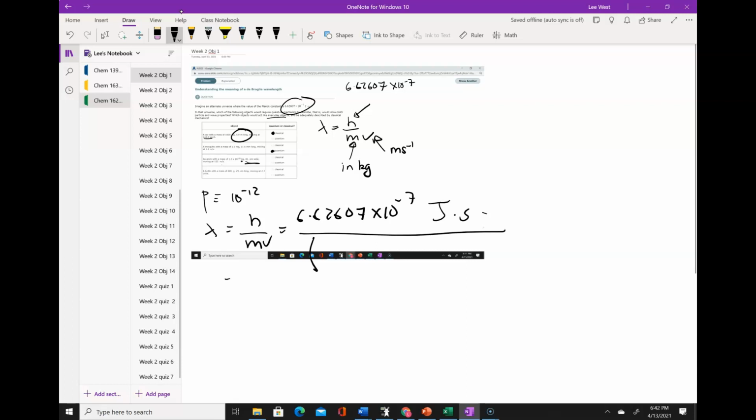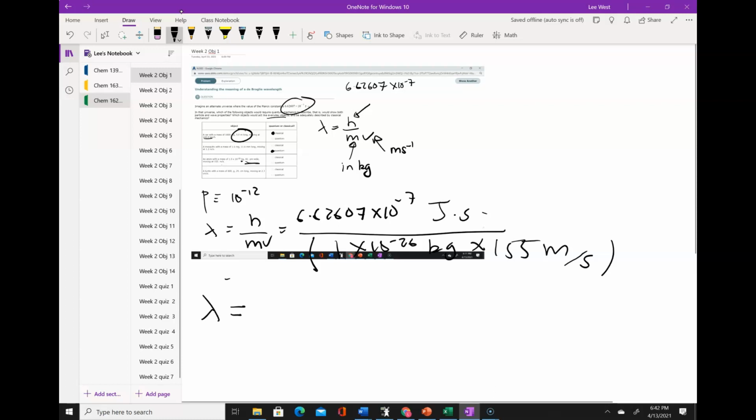Our mass has to be in kilograms. For this atom, it was 1 by 10 to the minus 26 kilograms. And then its velocity has to be in meters per second, and it was 155 meters per second.